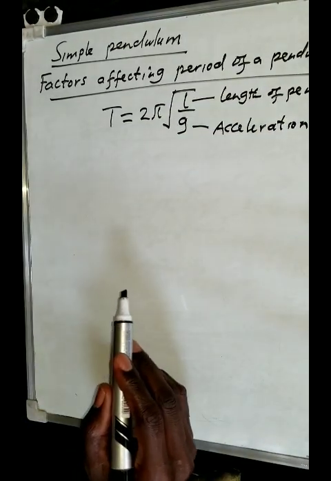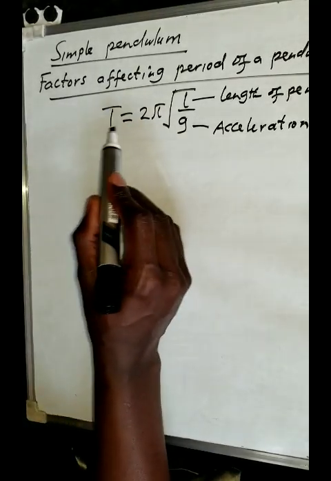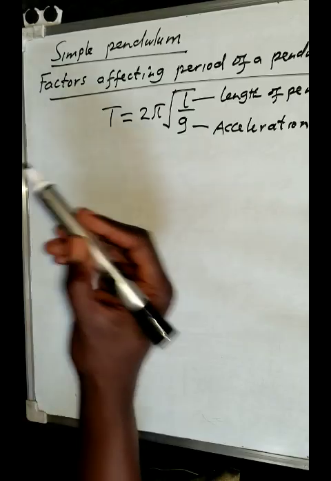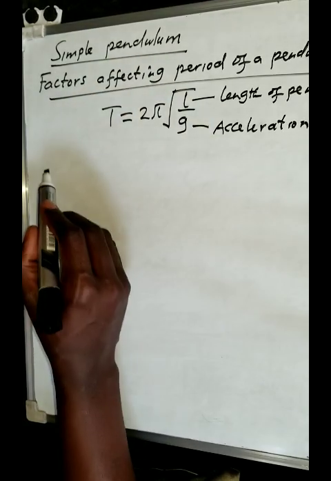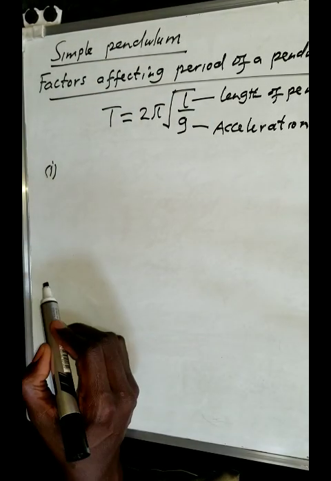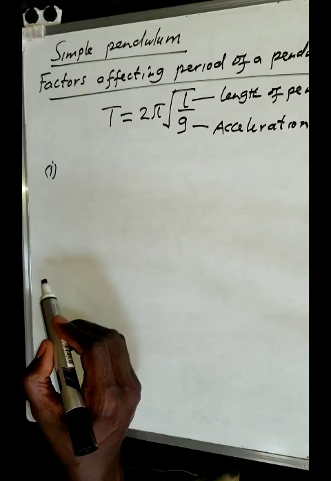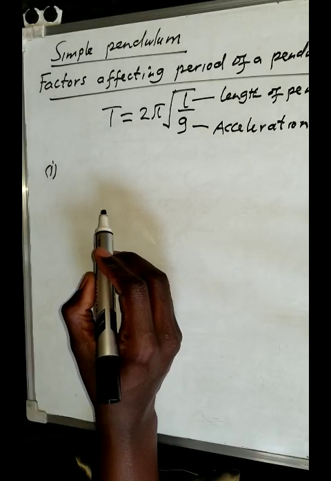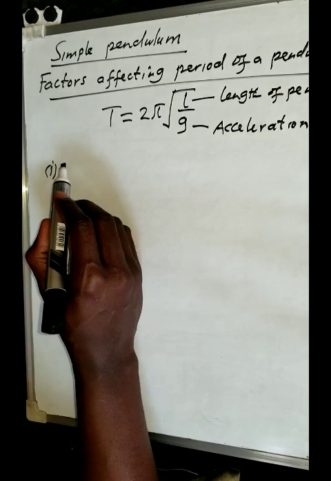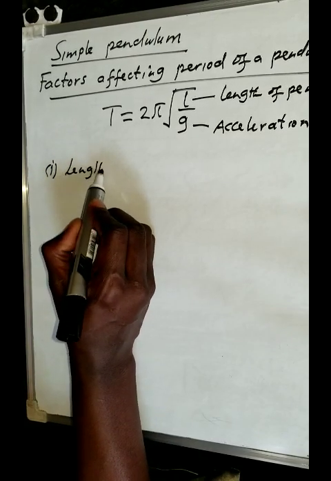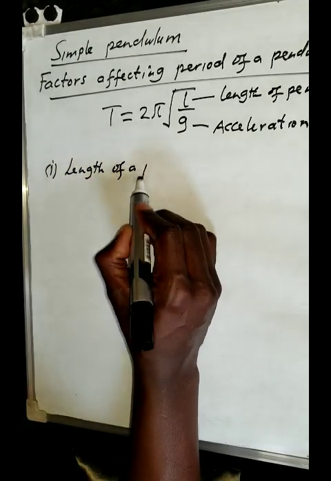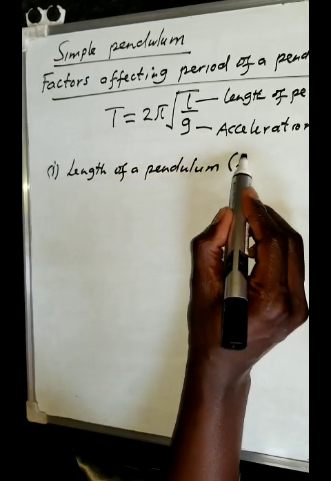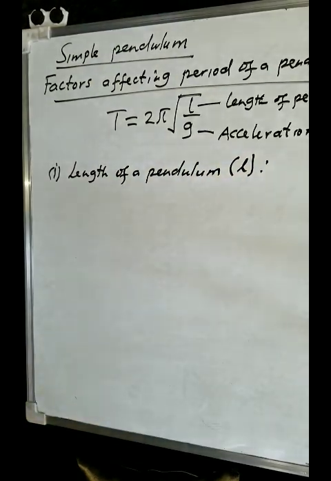When you look at the period of a pendulum, two things are going to be affecting it. One of the factors affecting the period of a pendulum is simply the length of the pendulum.